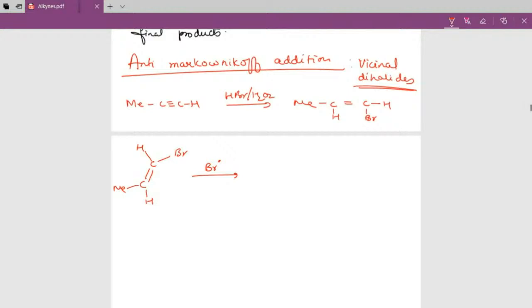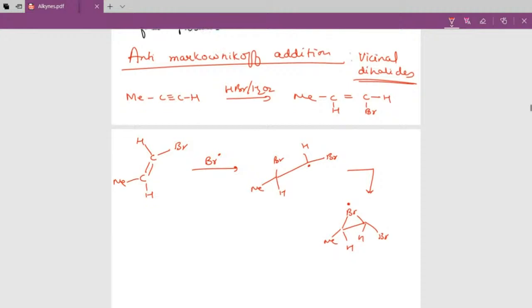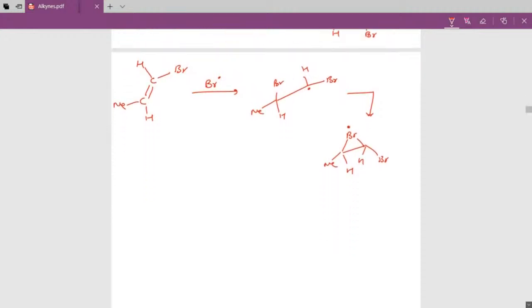Okay. So now here, when this attacks, what happens is, a bromo radical is formed. Now this radical is, to a certain extent, stabilized by this type of cyclic bromine radical.